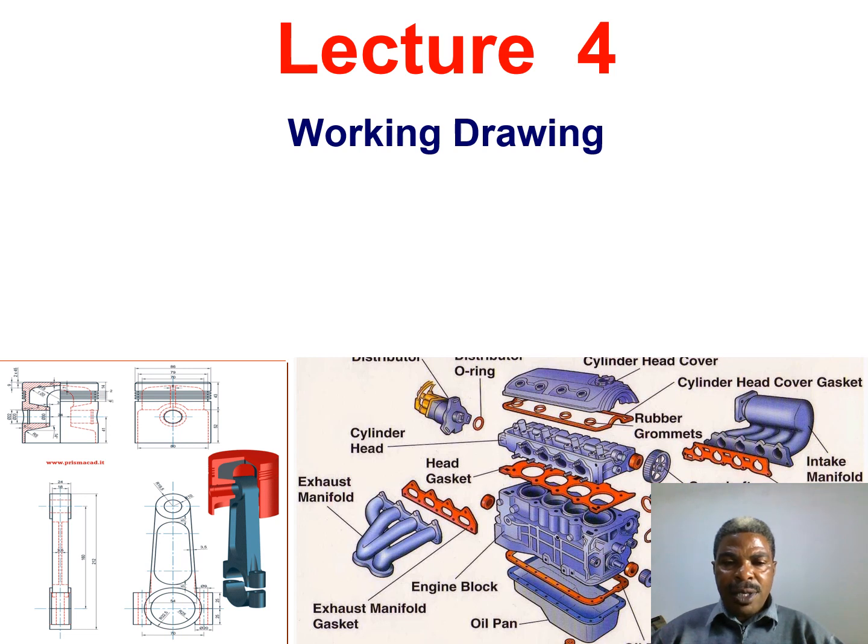So some arrows are provided to indicate which one comes first, or some numbers are provided to indicate the sequence of assembling or bringing the parts together. It can be number 1 followed by number 2, number 3, and number 4, something like that. So this forms the so-called assembly drawing.